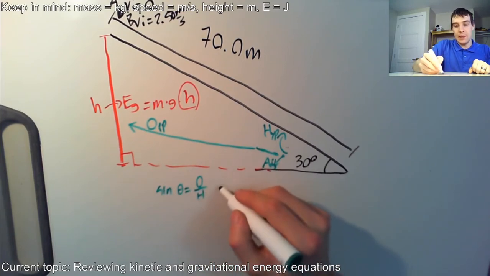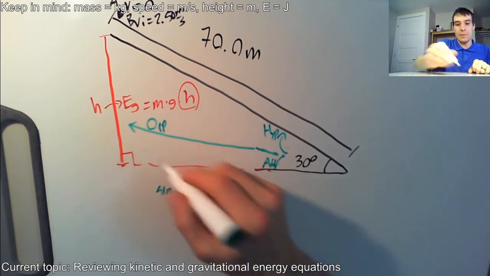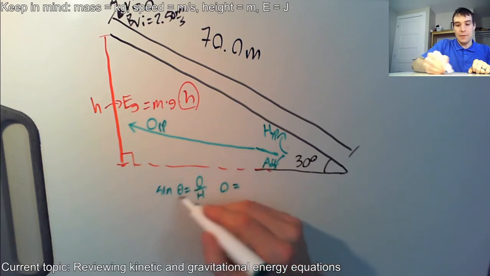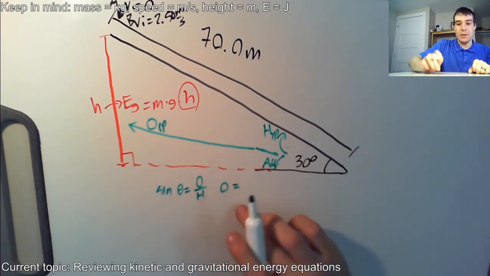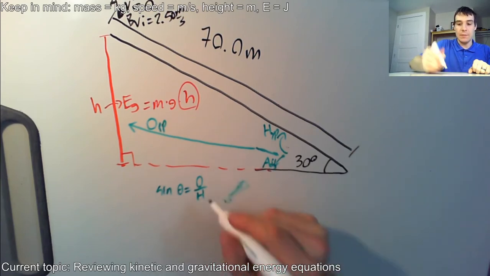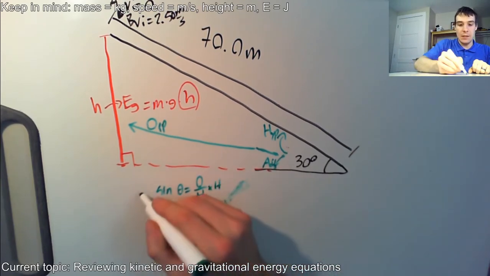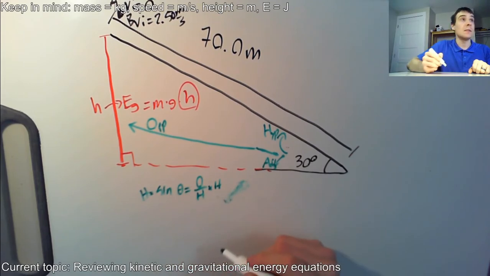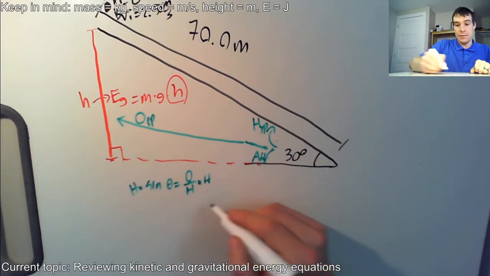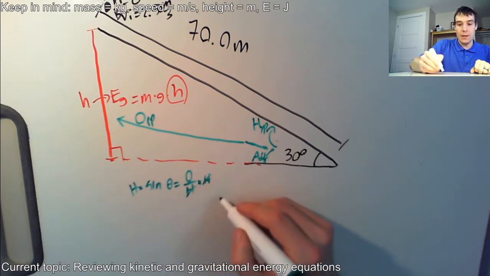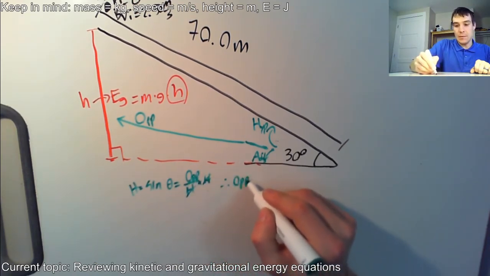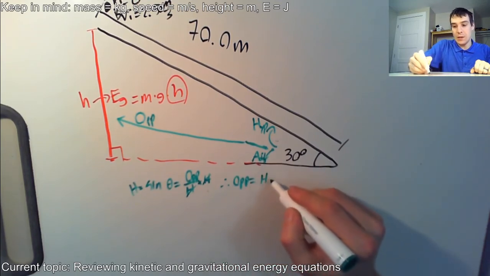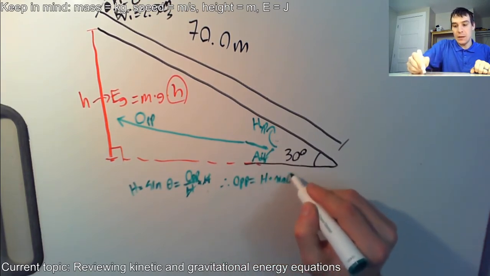In this case, the opposite, which is what we want, to rearrange, we're dividing by H here, so we can multiply by H on both sides. Times H times sine theta, this reduces to 1. Therefore the opposite, which is what we're interested in, is H times sine theta.